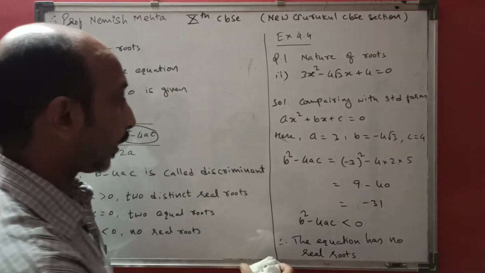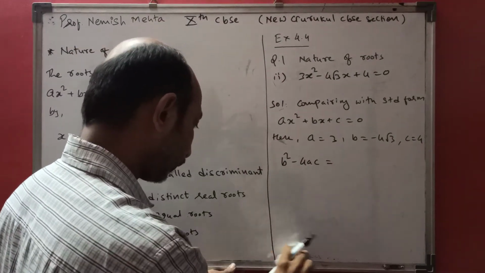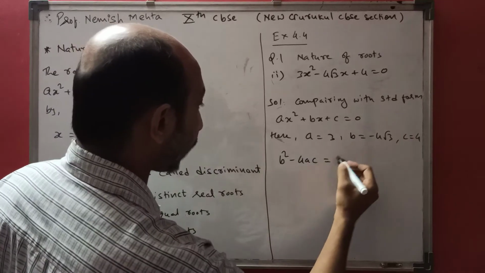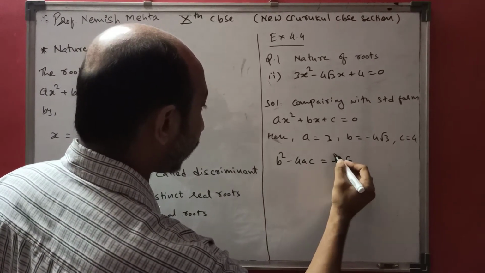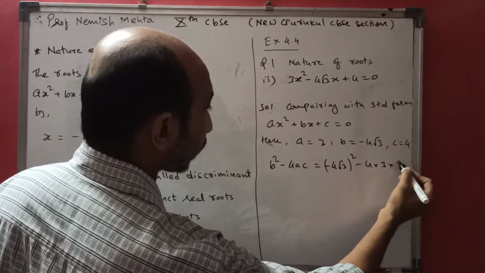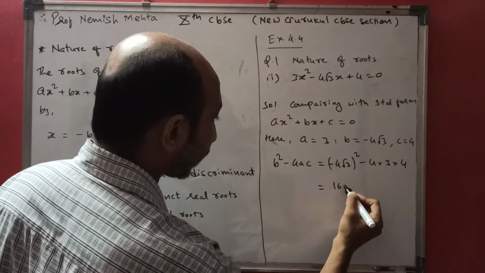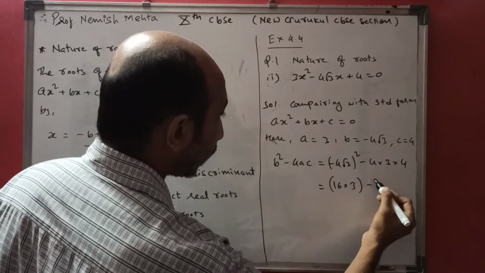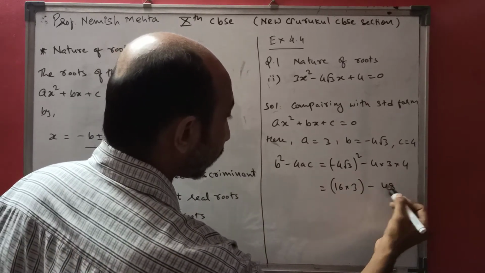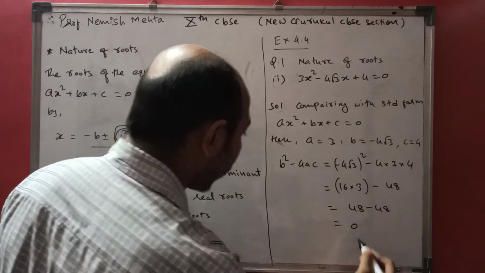Chalo, we'll put the values here. b square, minus 4 root 3 whole square, minus 4 into a into c. Minus's square will be positive. 4 square is 16 into root 3 square is 3. 4 4s are 16, 48. 48 minus 48 equals to 0.